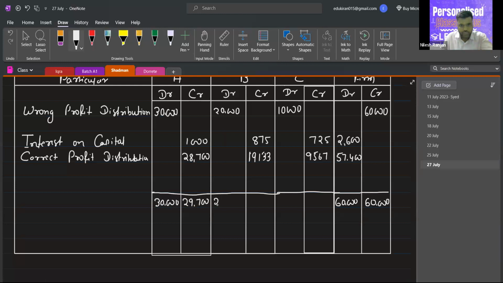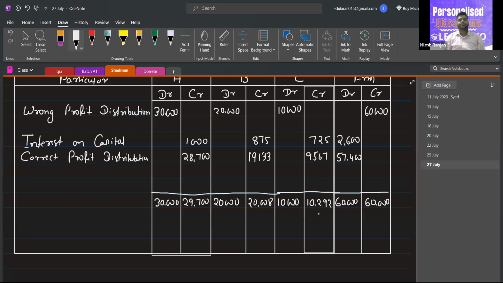Now here it is 20,000 and 20,000. Yes, it is 20,008. Here it is 10,000 and it will be 10,292.